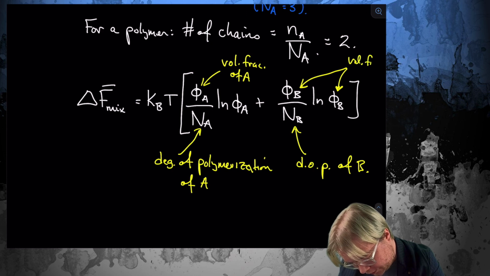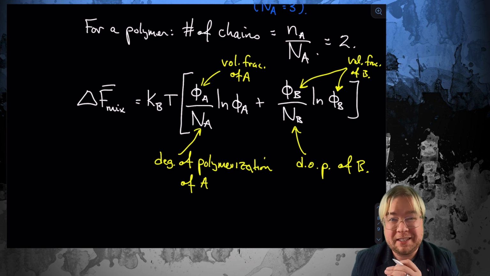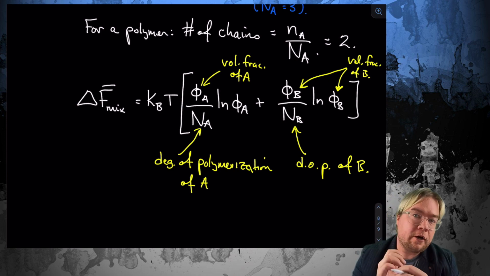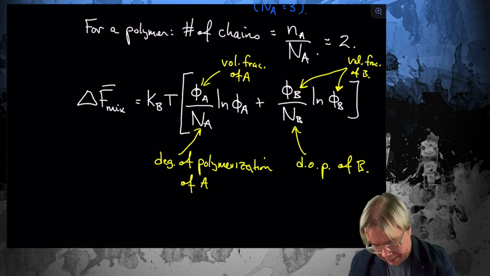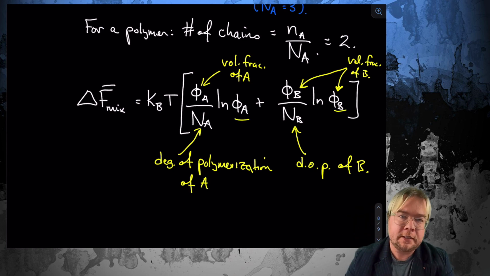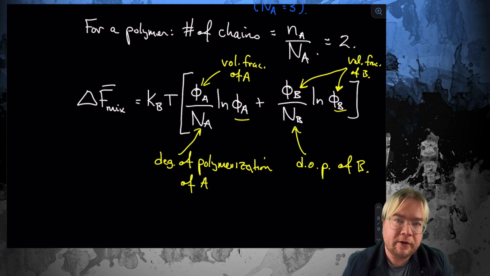This is the volume fraction of B. Okay? Keep that straight. I know I had a lot of things in there, but just think about what it means. That term in front is how many particles I have. This is how many ways I can rearrange them. So that's why I divided by the degree of polymerization.